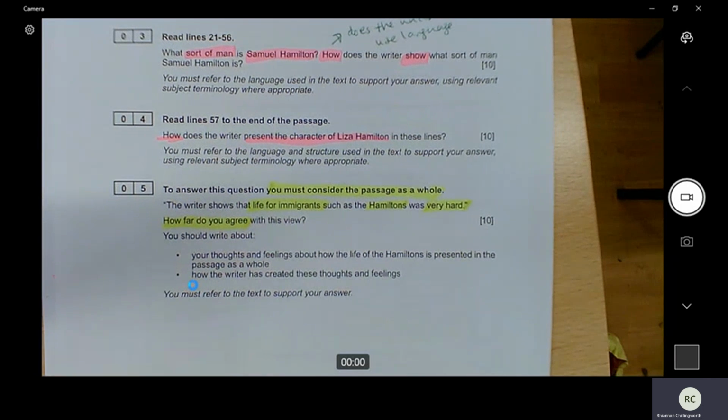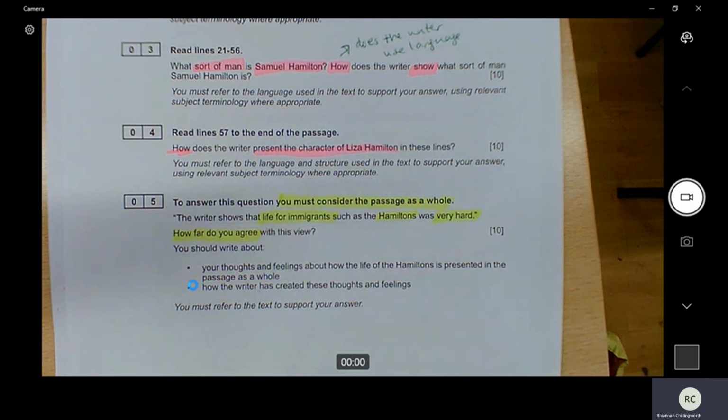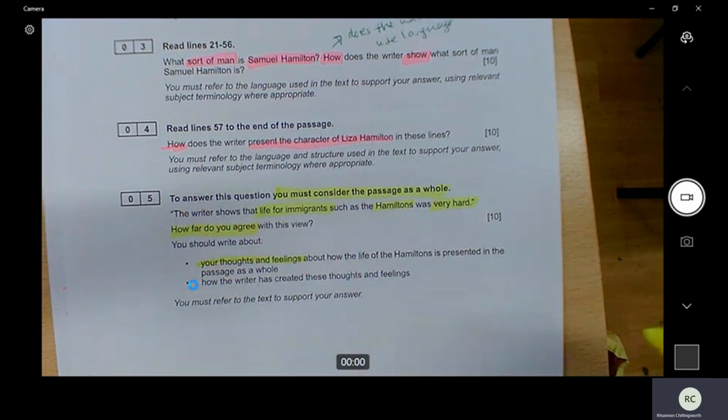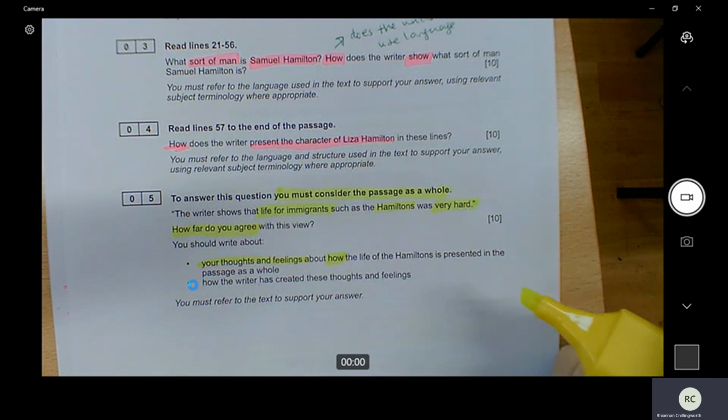So this is the statement. Do I agree or disagree that in this extract, the life of Samuel and Liza, the immigrants to America from Ireland, is presented as hard? It then gives you in the bullet points that you should write about your thoughts and feelings. So again, this is how we know it's evaluative, about the life of the Hamiltons, and how, so language.